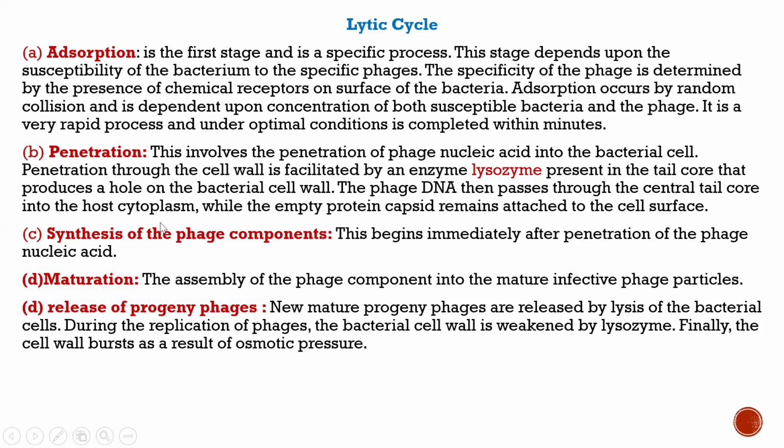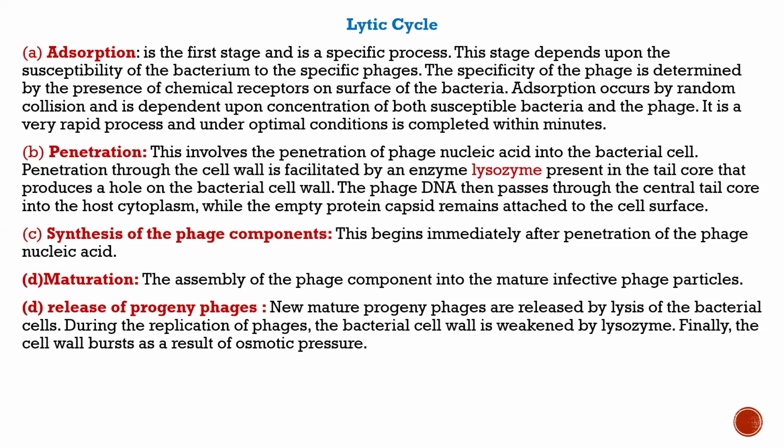Then when they were able to penetrate, the next step is synthesis of phage components. They will then start replicating, like growing inside the bacterial cell. This is immediately after the penetration. Then we have maturation: when they are able to produce the phage components, they will then mature. That's the assembly of the phage components into mature, effective phage particles.